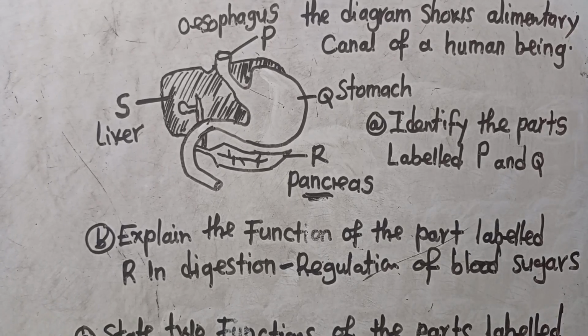The pancreas also produces hormones like insulin and glucagon that regulate blood sugar levels, which are crucial for maintaining overall metabolic balance. The question was just telling us to give one function, but since we are revising, we can also give another function.